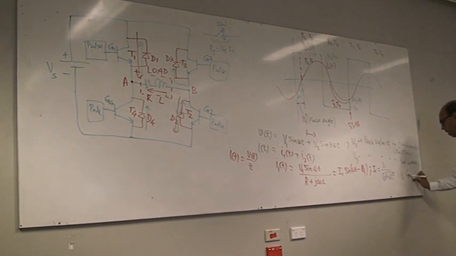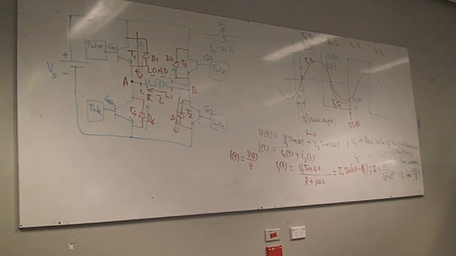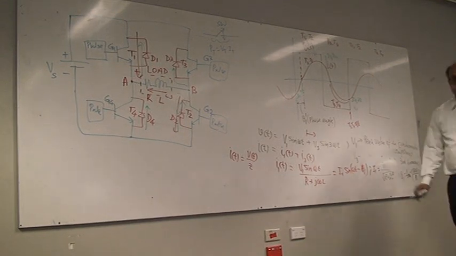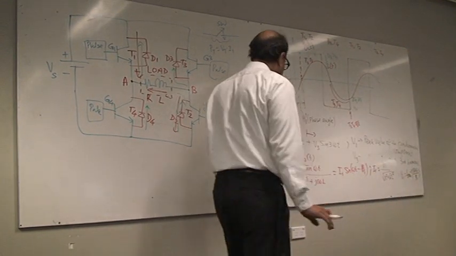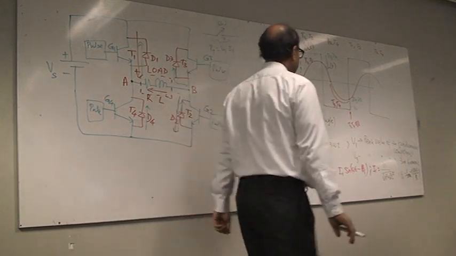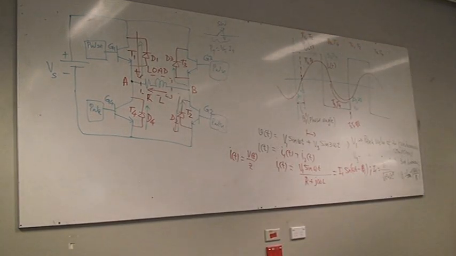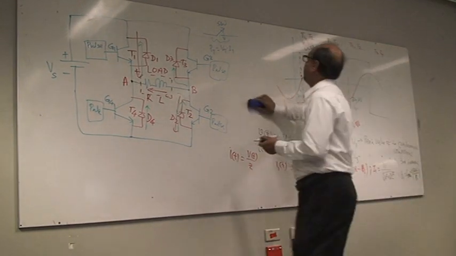Tan inverse omega L by R. Okay? Everybody get back to that first year stuff. Very simple stuff. So that's the fundamental component of current. But that's not that difficult. The second part is a little bit difficult. The fundamental is not.